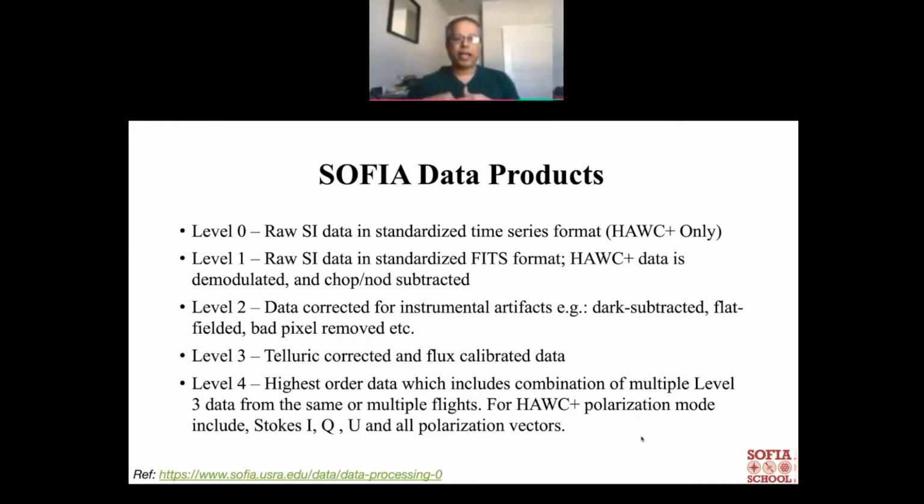Then we take the level 2 data and do telluric correction and flux calibration. And last, the highest level data for HAWC is what we call level 4, which is if you take multiple level 3 data and combine them together.